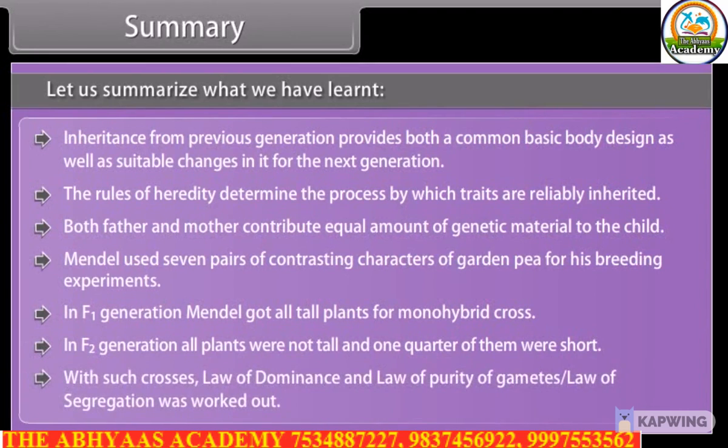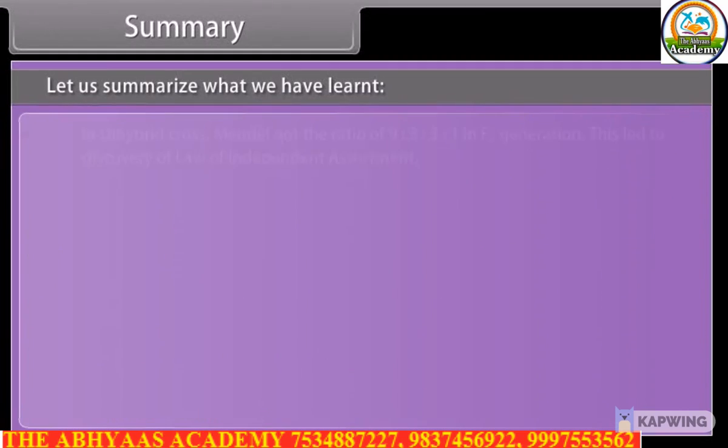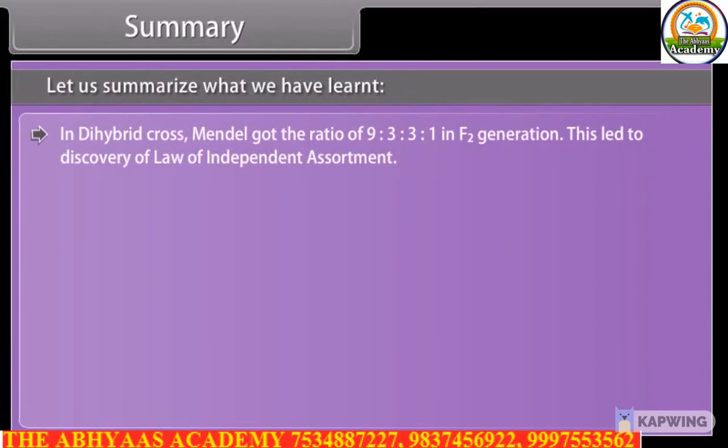With such crosses, the law of dominance and the law of purity of gametes, which is also called the law of segregation, were worked out. In the Dihybrid Cross, Mendel got the ratio of 9:3:3:1 in the F2 generation. This led to the discovery of the law of independent assortment.